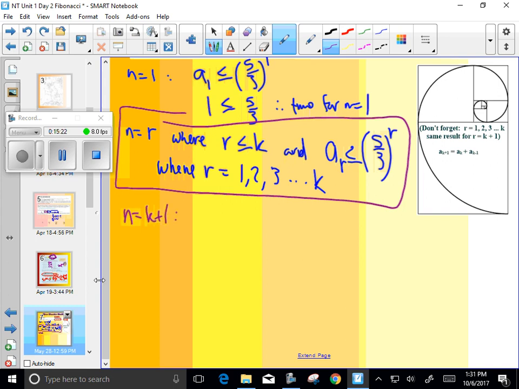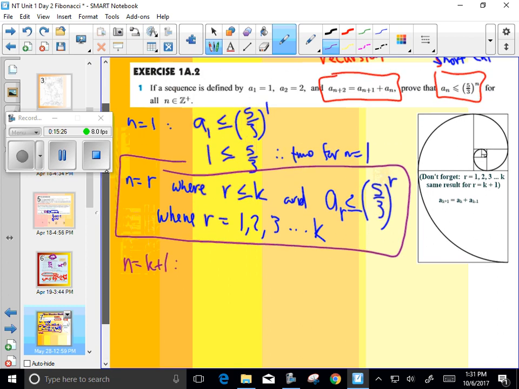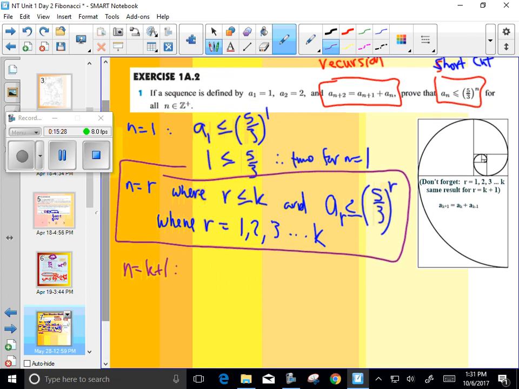Now this step, what you're going to do is go back to this part here that says a of k plus 2 plus 1 is equal to a of k plus 1 plus 1 plus a of k plus 1.